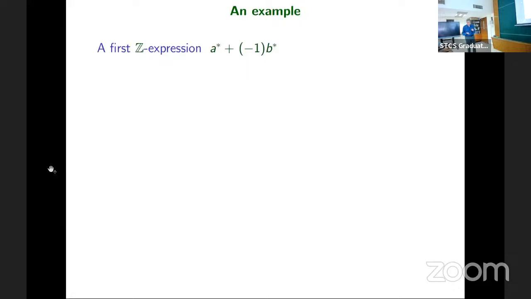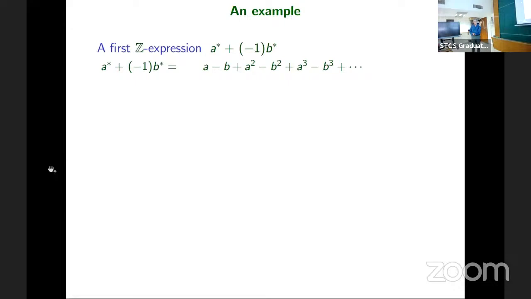And now I'll show you why the Thompson construction is illegitimate. Okay, let's consider a Z expression, A star minus B star. So A star is this, and A star minus B star is this sort of thing, where we do not have an antidote.